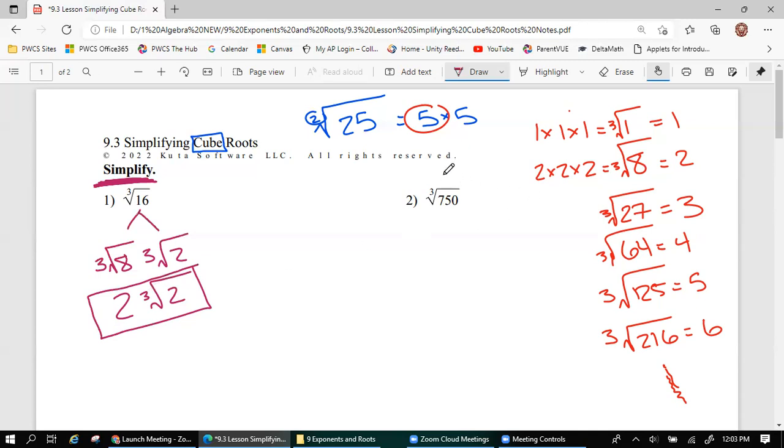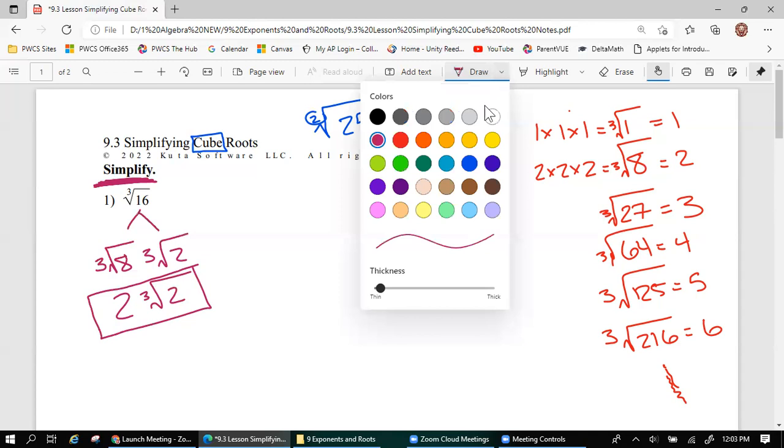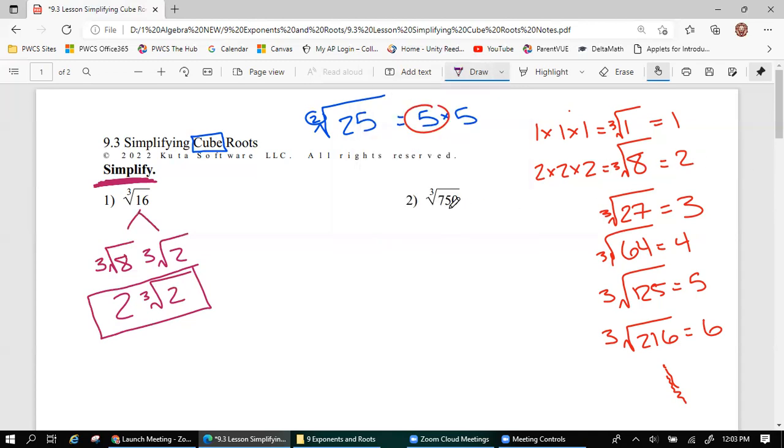So my strategy is going to be to see what is the largest perfect cube I can divide the number by. So I can divide 750, and sometimes it takes trying a few out. You can divide by 8, 27, 64. I can divide 750 by 125, one of my perfect cubes.